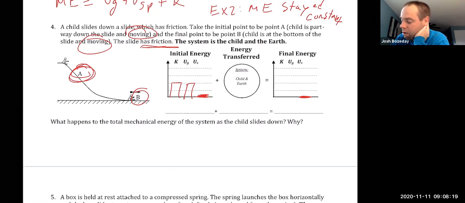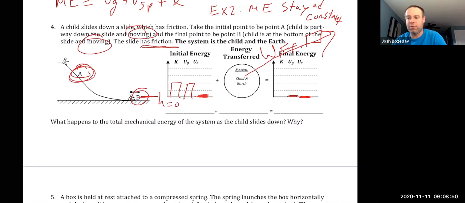Now we know that force friction is going to take energy out of the system. So the work of force friction is going to transfer some energy out. So I'm just going to do 1 unit of energy coming out. You could have done more than 1. I'm just going to do 1. Then at point B, we see that the height of the kid is 0, right? They're at a height of 0. So we know there's no UG, but he's moving, right?